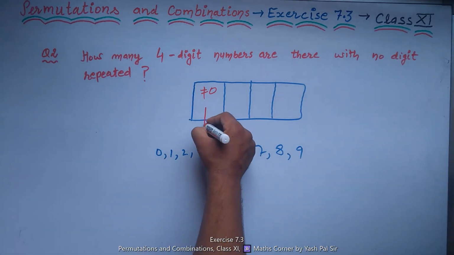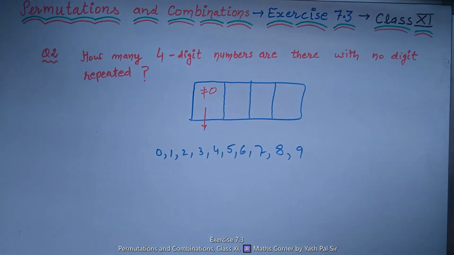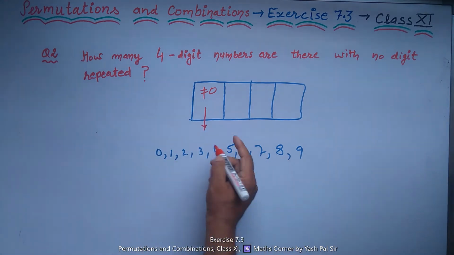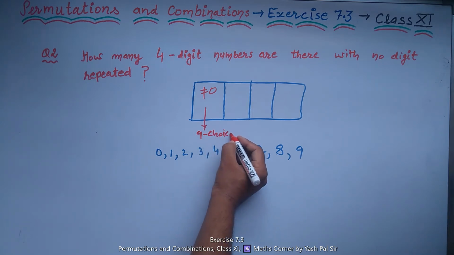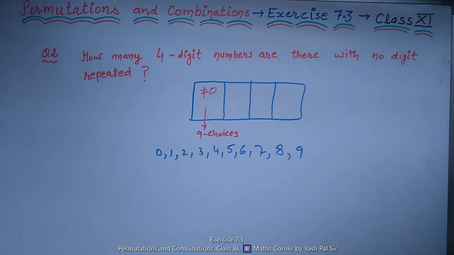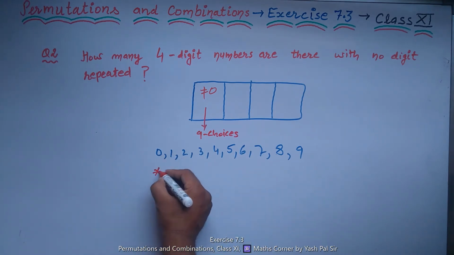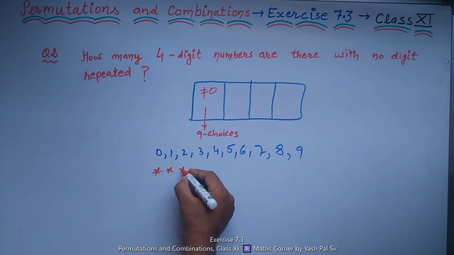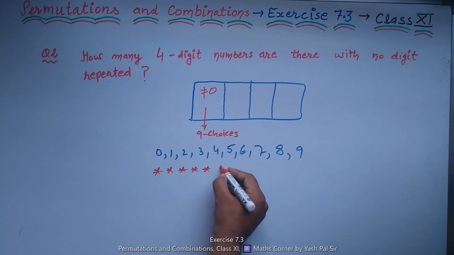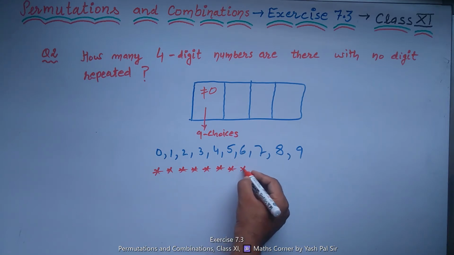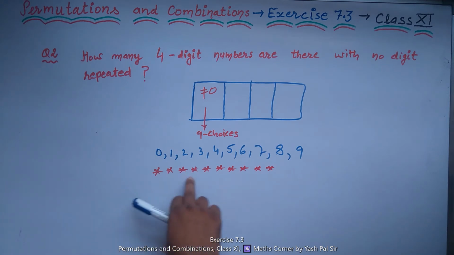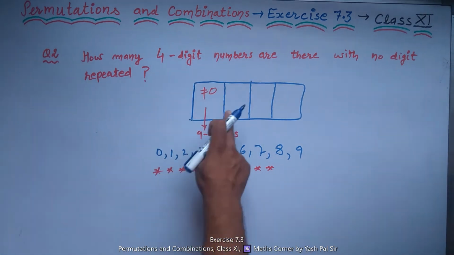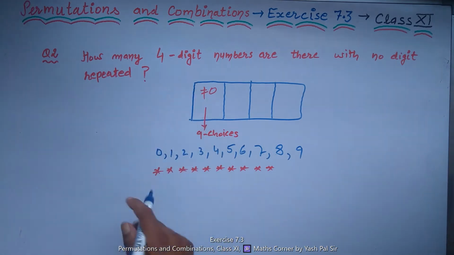So this box can be filled with only 9 choices. We cannot enter 0 here. So what we say, 1, 2, 3, 4, 5, 6, 7, 8, 9, 10. Out of 10 digits, one digit is filled in this box.